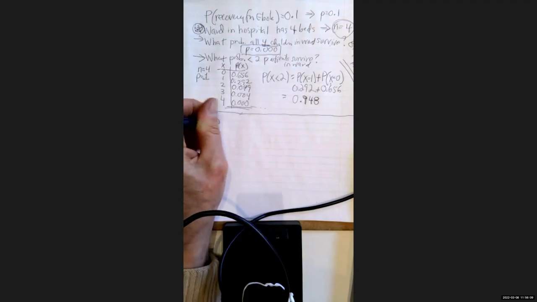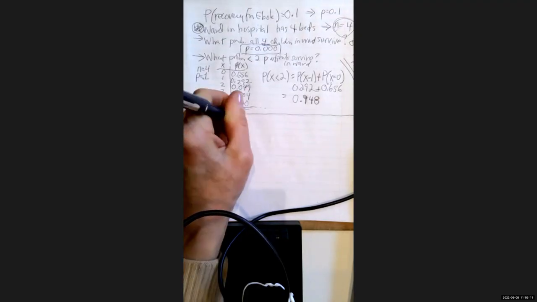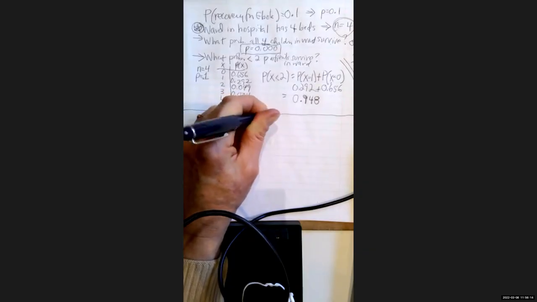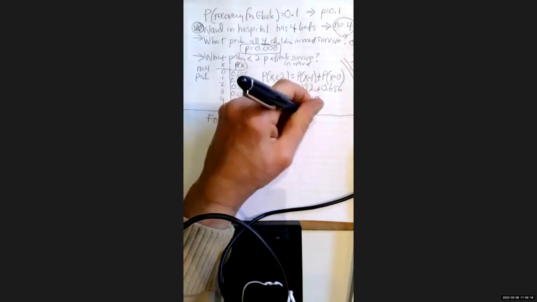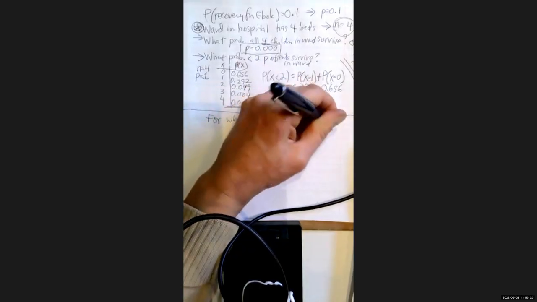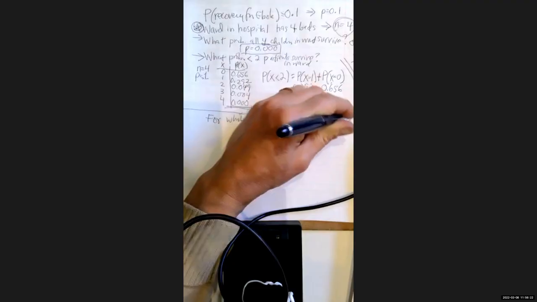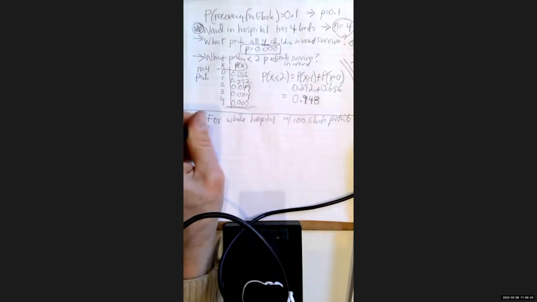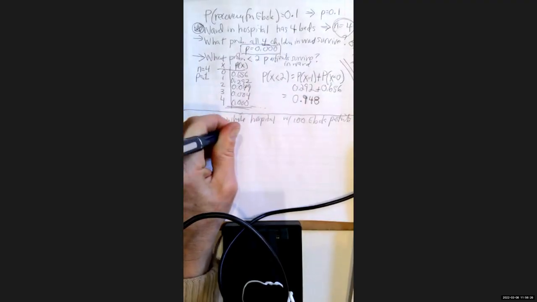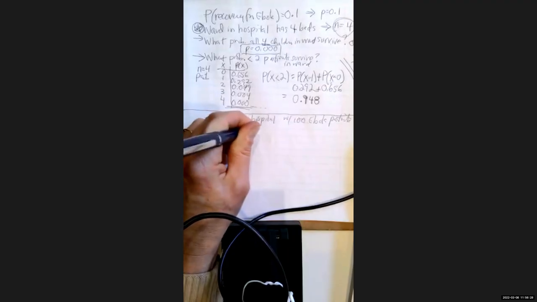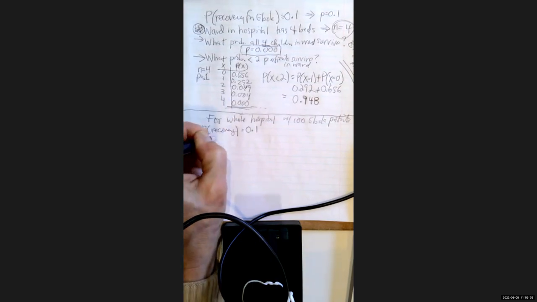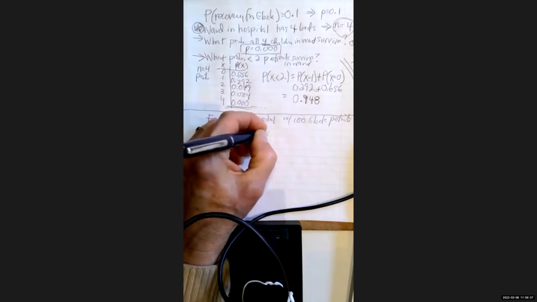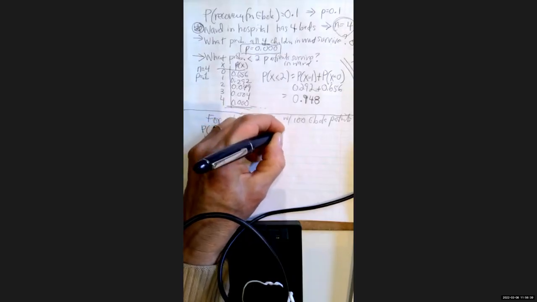So for a whole hospital that has 100 Ebola patients, our probability of recovery is still 0.1. Now our n is 100, so we're not going to use the binomial distribution table.